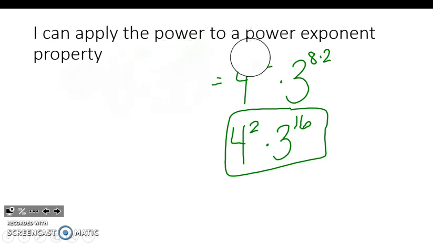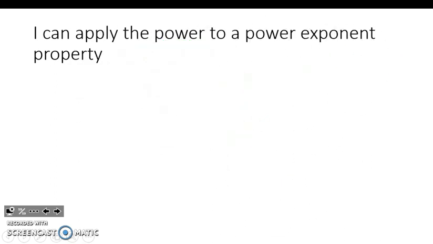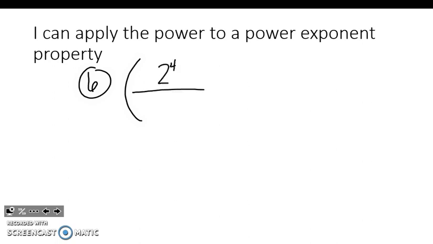All right, let's do one more. All right, so on this one, I noticed that there's 3 different bases. So that means there's going to be 3 different multiplication problems.